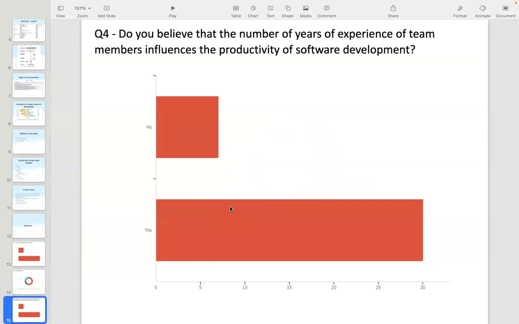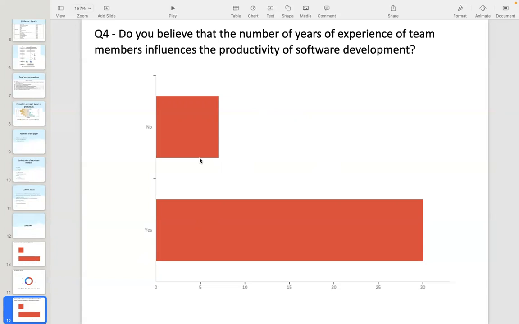Now, the question that we started with is regarding people: do you believe that the number of years of experience of a team member influences the productivity of software development? Some people have said yes here, and a lot of people have said no. This is just a multiple choice question.